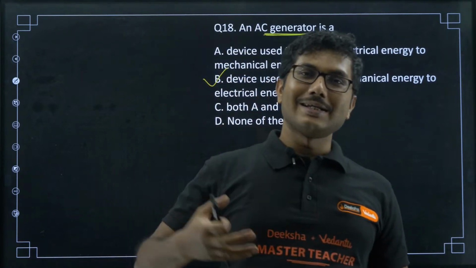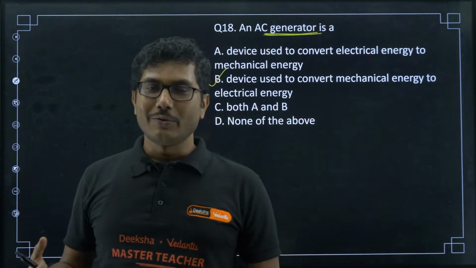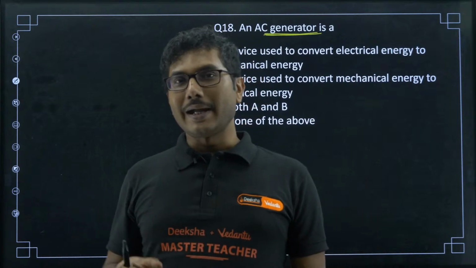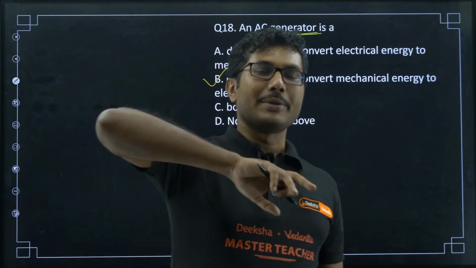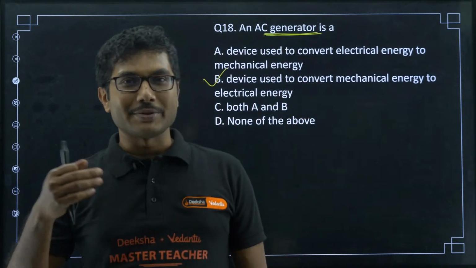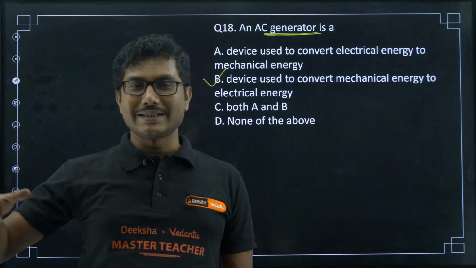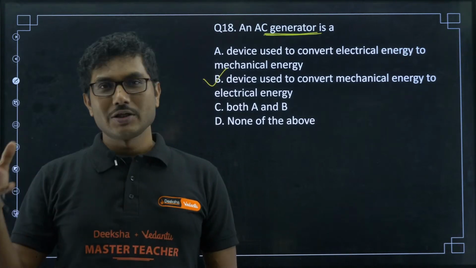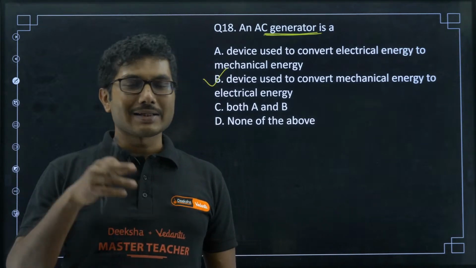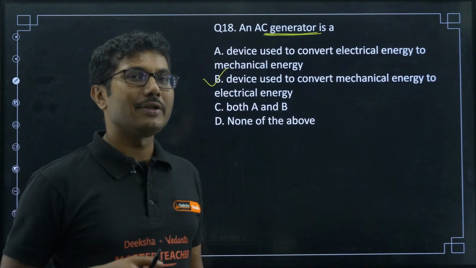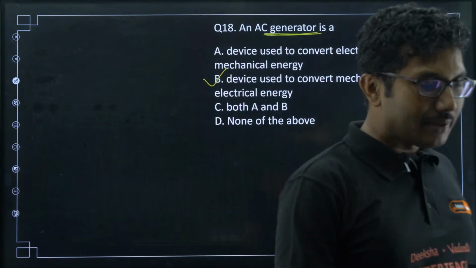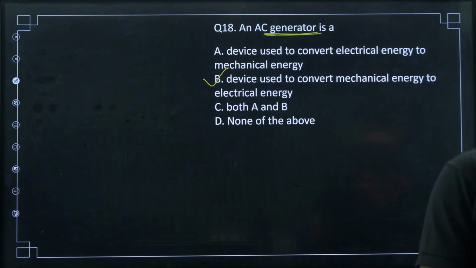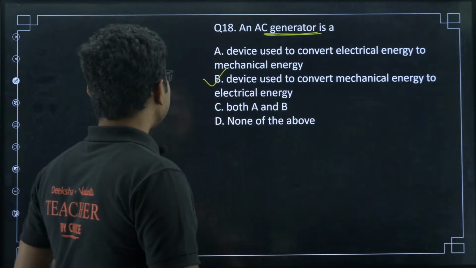The principle is very simple. There is a turbine. The turbine is attached to an armature coil. The turbine rotates, the armature coil rotates in a pre-existing strong magnetic field, and as it rotates in that magnetic field, it produces an induced EMF. That induced EMF is used in our house. 18B is the correct answer.